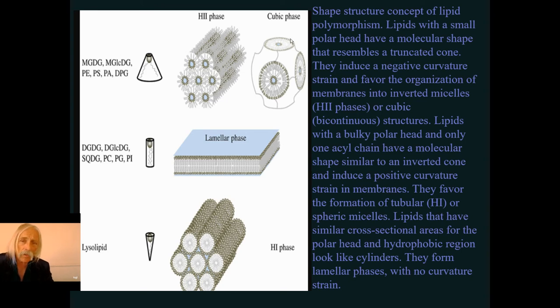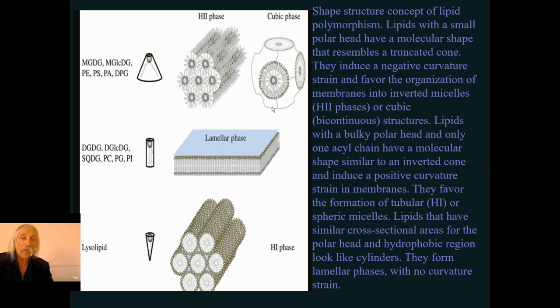You can also, depending on how much water is added to these structures, make a so-called cubic phase, where you have this highly digitated intramembranous structure, largely encased around a hydrophilic arranged core, right?